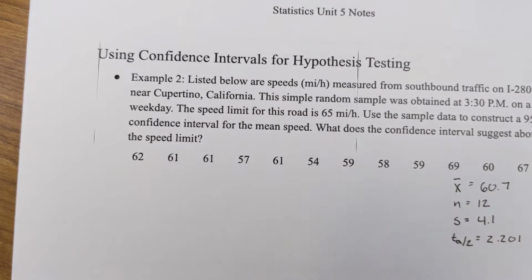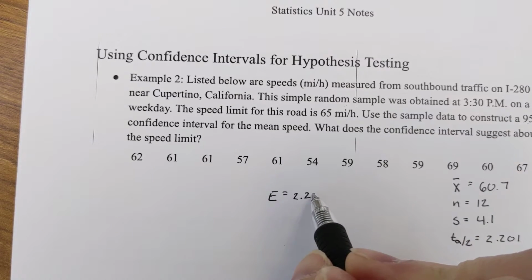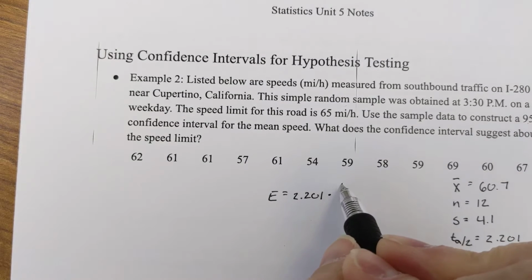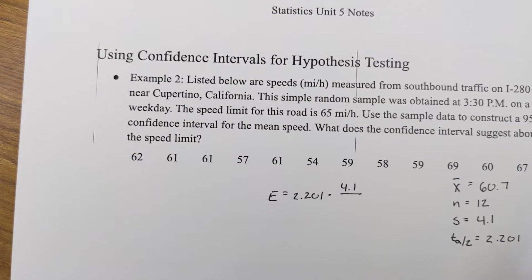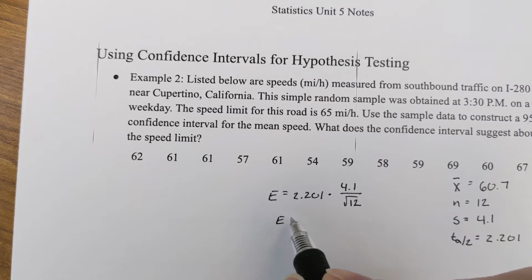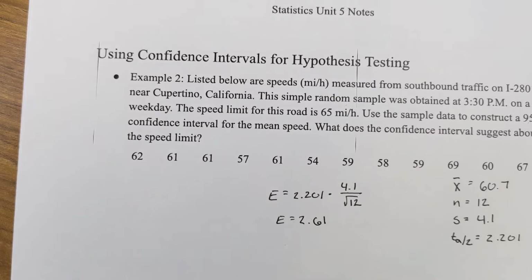So the formula for the error is our t-value times the value for S, 4.1, divided by the square root of N. So it'd look like that. And then if I math that out, 2.201 times 4.1 divided by root 12 gives an error value of 2.61.